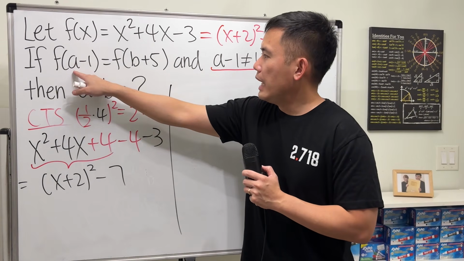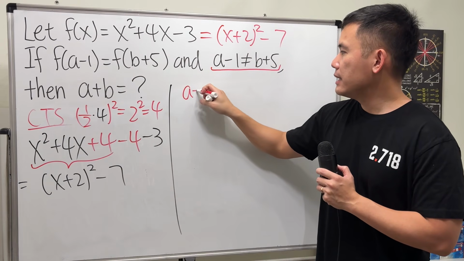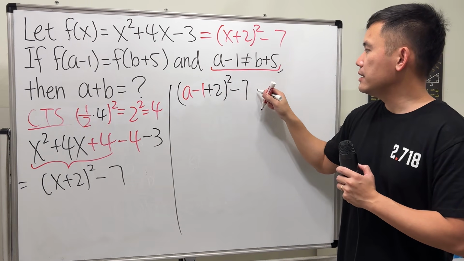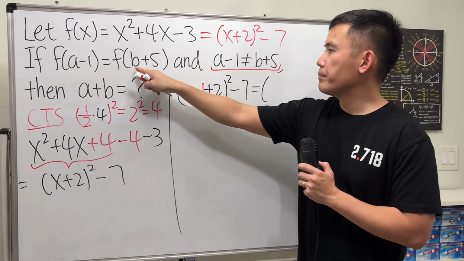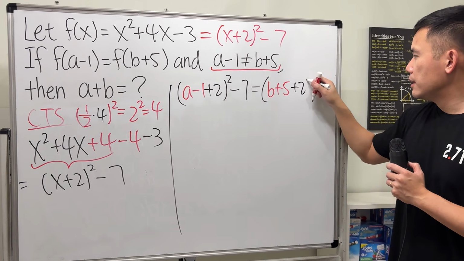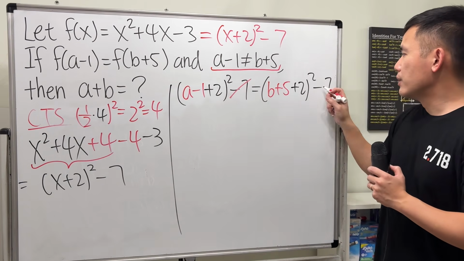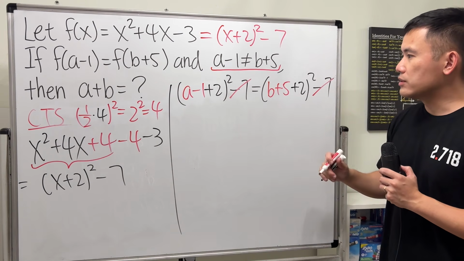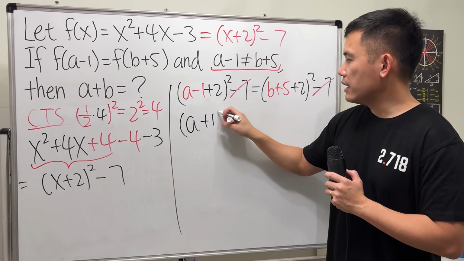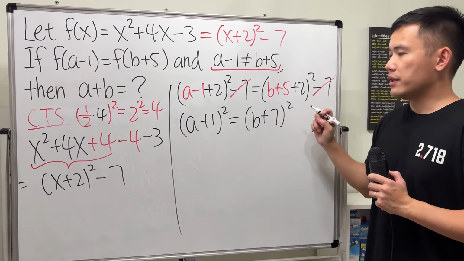So f of a minus 1, that is going to be a minus 1 and then plus 2 squared minus 7. That has to be equal to b plus 5 into here, and then plus 2 squared minus 7. Now we have a minus 7 on both sides, so you can just add 7 to both sides, they cancel. On the left hand side, we get a plus 1 squared is equal to b plus 7 squared.